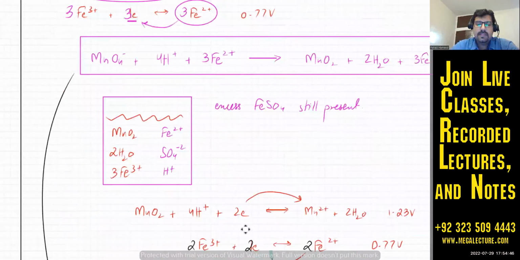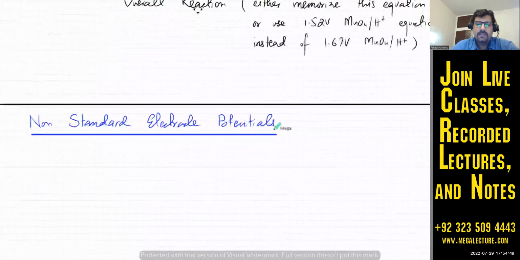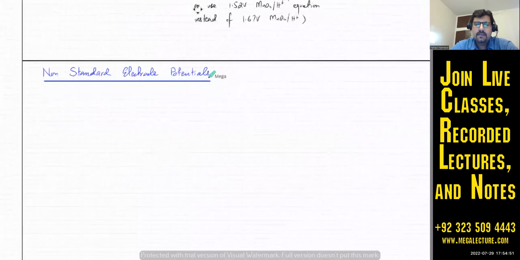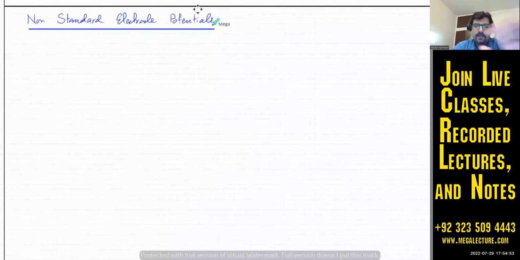I'm going to do another thing, which is non-standard electrode potential. So right now, a non-standard electrode potential is simply E. Okay, it's the electrode, it's not E naught. वो जो not होता है ना, that's for standard conditions. ठीक है.